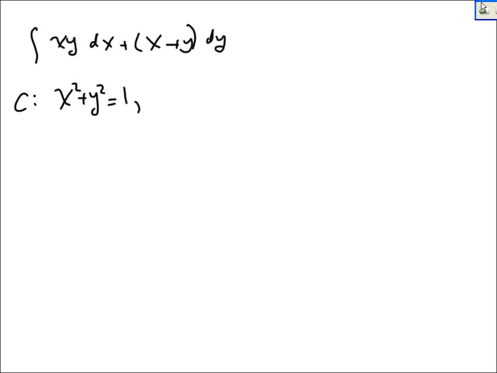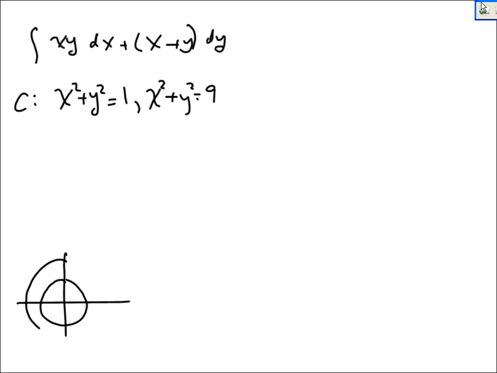Now, suppose you had the integral of xy dx plus x plus y dy. The area you want to integrate over is between that circle and this circle. Circle of radius 1 and circle of radius 3. 1 and 3.